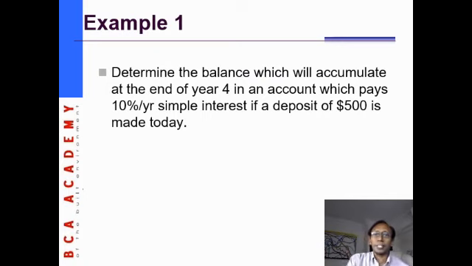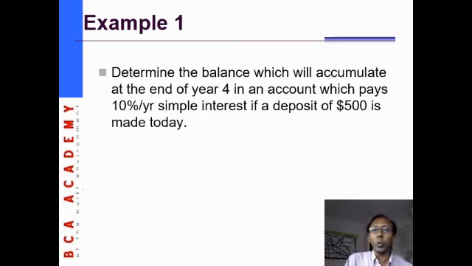So here is a question that you need to answer now. If you have understood simple interest, determine the balance which will accumulate at the end of year 4. I put the money today, year 0, 1 year later, 2 years later, 3 years later, and 4 years later.